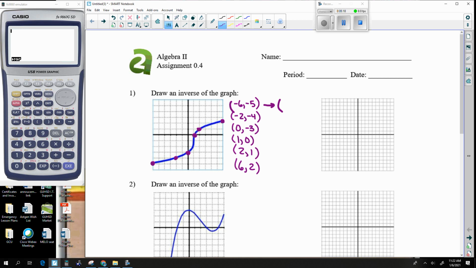So x's become y's, y's become x's. So this would be -5, -6, -4, -2, where the y coordinate is now the x coordinate. So this comes to -3, 0, 0, 1, 1, 2, 2, 6.